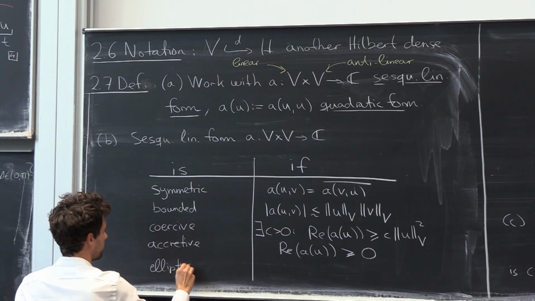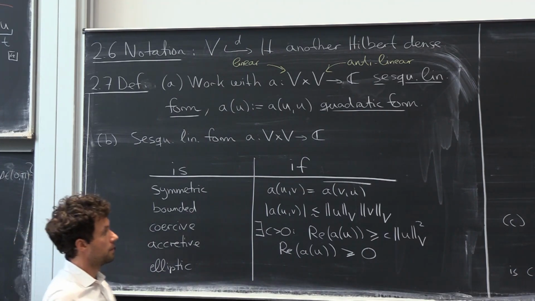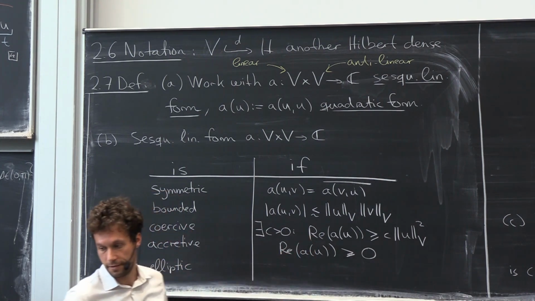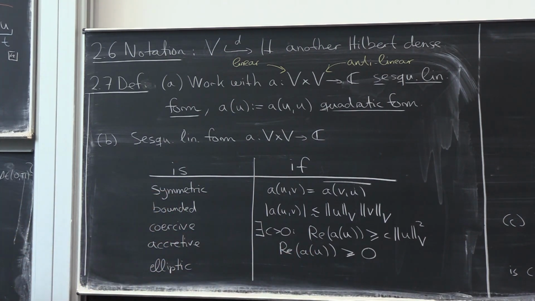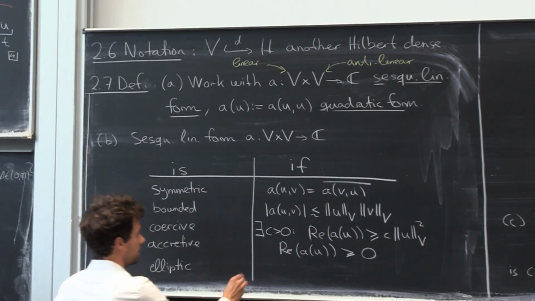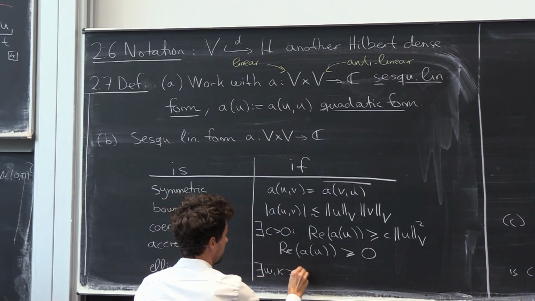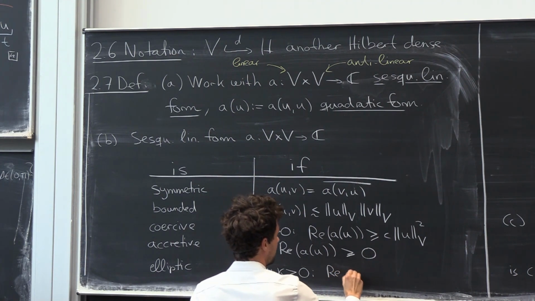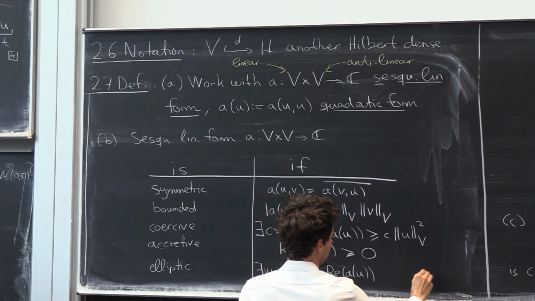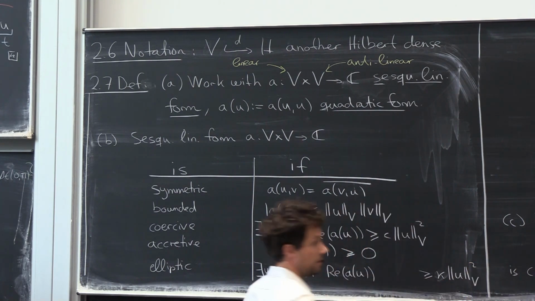And then, leading us to the topic of the Internet seminar for the first time, I'm going to say the sesquilinear form is elliptic if it's something like coercivity, but I can compensate by adding a little bit of H norm to the left-hand side. Okay, in other words, I assume that there exist two positive constants, omega and kappa, such that the real part of A of u plus omega times the H norm squared is controlled from below by kappa times the V norm squared.